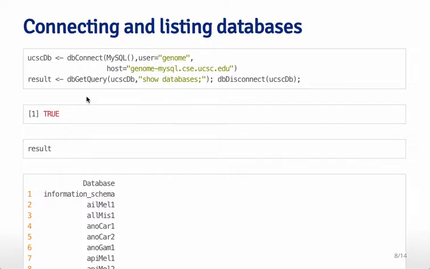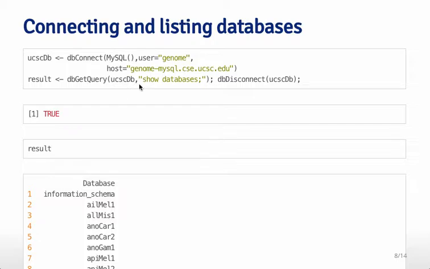And then you can actually apply a query to that database. You can use the dbGetQuery command. What that does is it'll go to the connection, in this case the connection to this database, and run this MySQL command. So this actually isn't an R command. It's a MySQL command that we're sending to this database through the dbGetQuery function.